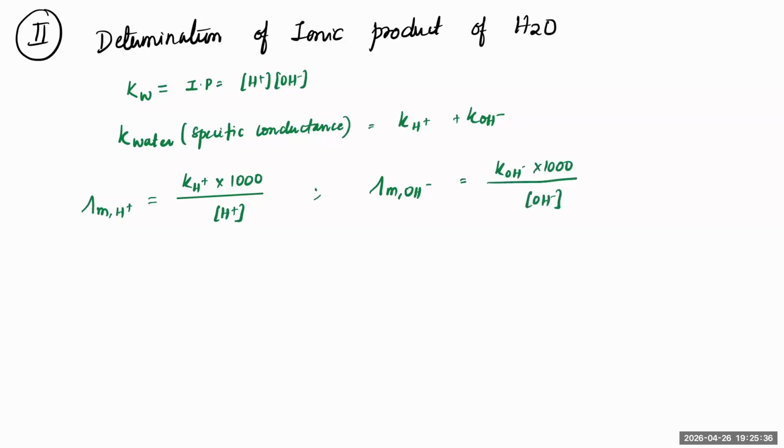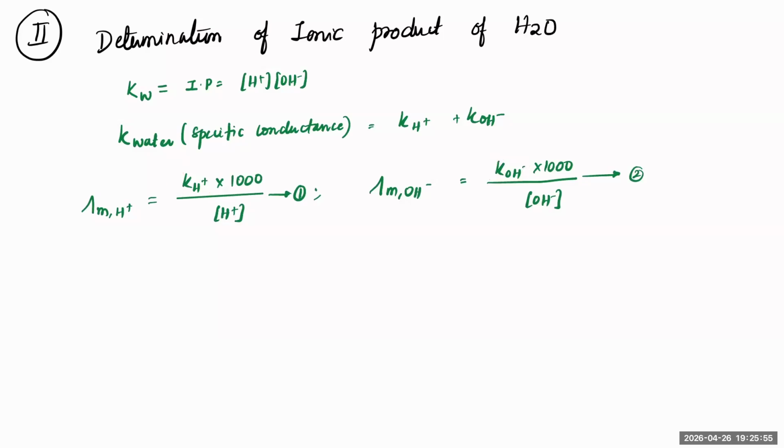So you can see these two can be related as equation 1 and equation 2. Now, if I substitute this back with respect to kappa of H plus and kappa of OH minus, I should be able to get the kappa of water here.